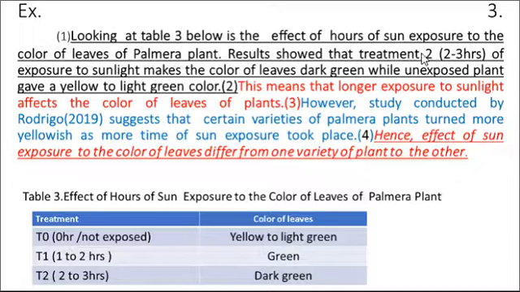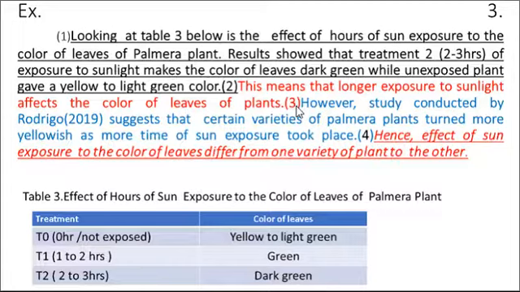Results show that treatment 2 to 3 hours of exposure to sunlight makes the color of leaves dark green, while an exposed plant gave a yellow to light green color. So that is table reading. So diniscuss niya yung highest at saka lowest na resulta ng experiment. Then yung number 2 na tinatawag na interpreting, this means that longer exposure to sunlight affects the color of leaves of plants. So ito naman ay binibigyan niya ng meaning yung table reading number 1.